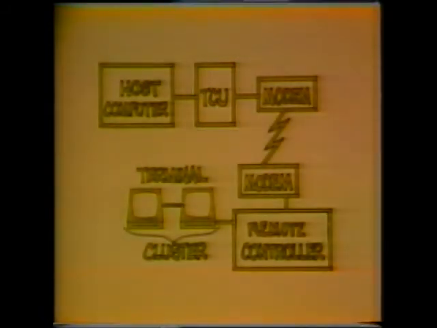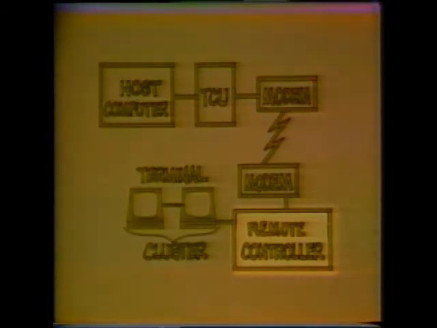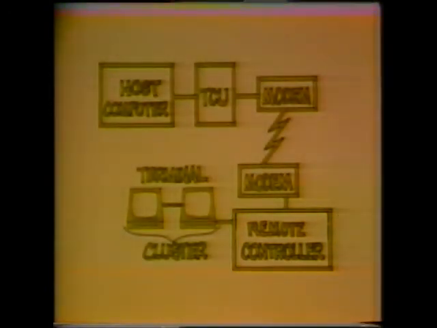Different sorts of TCUs may be required for different sorts of data entry and remote job entry terminals, or a general purpose TCU can provide individual ports for a variety of devices. On the other end of the line is another modem and a device called a remote controller. This controller then feeds a group of terminals connected as a cluster or a chain.